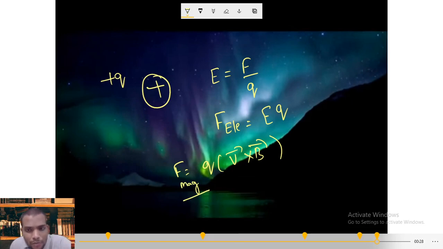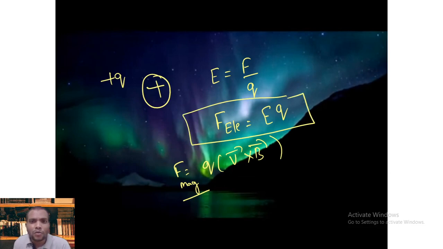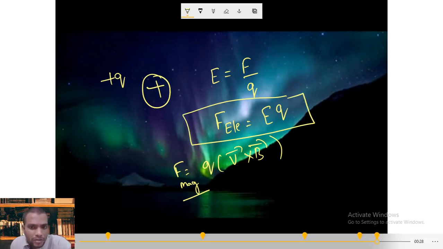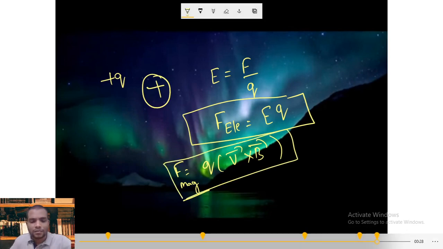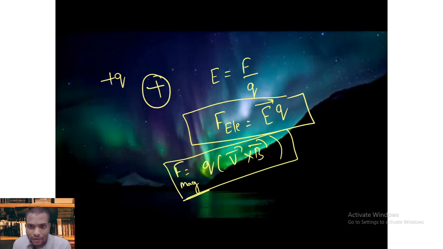Now if a charged particle is moving in a magnetic field, by default it already has its own electric field, and because of the presence of the magnetic field, it gets another force, the force due to magnetic field. Whenever you write the force expression, if you write it separately for the electric field and magnetic field it is okay, but keep in mind that when a charged particle is moving in a magnetic field, it already has its own electric field.